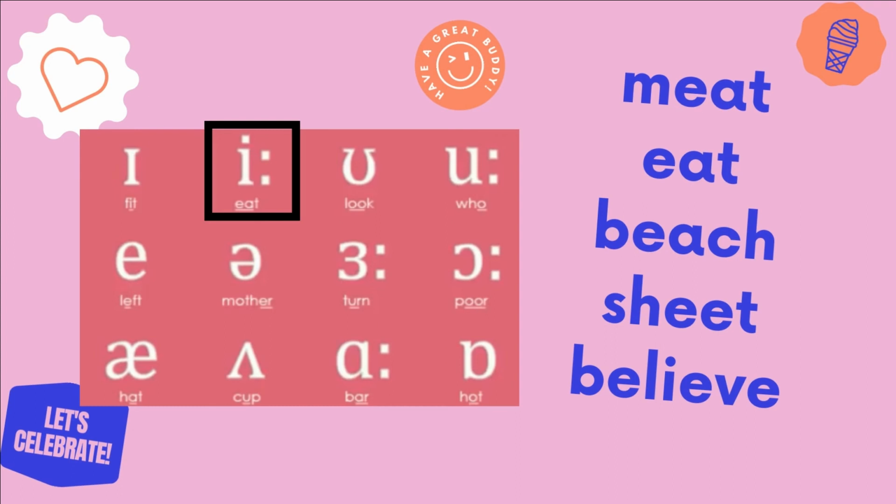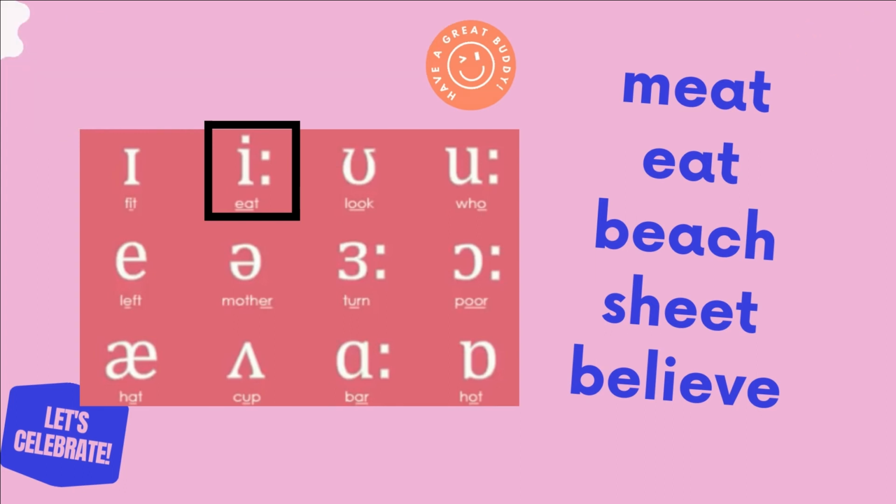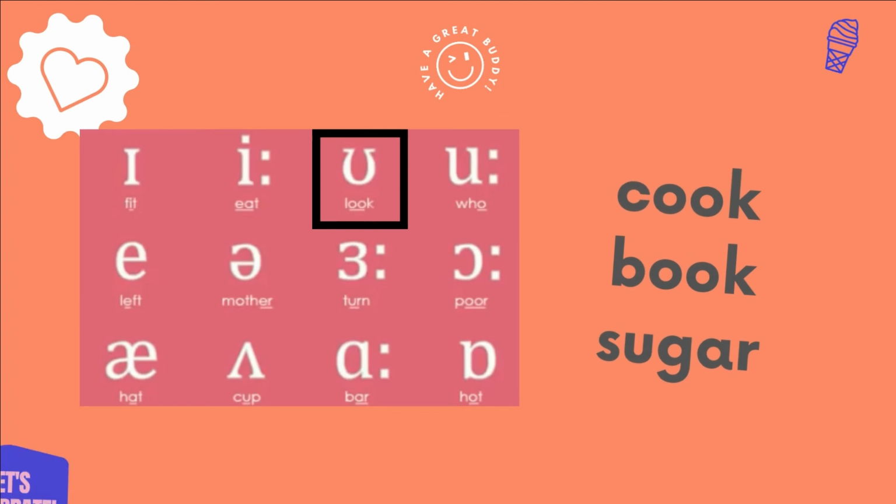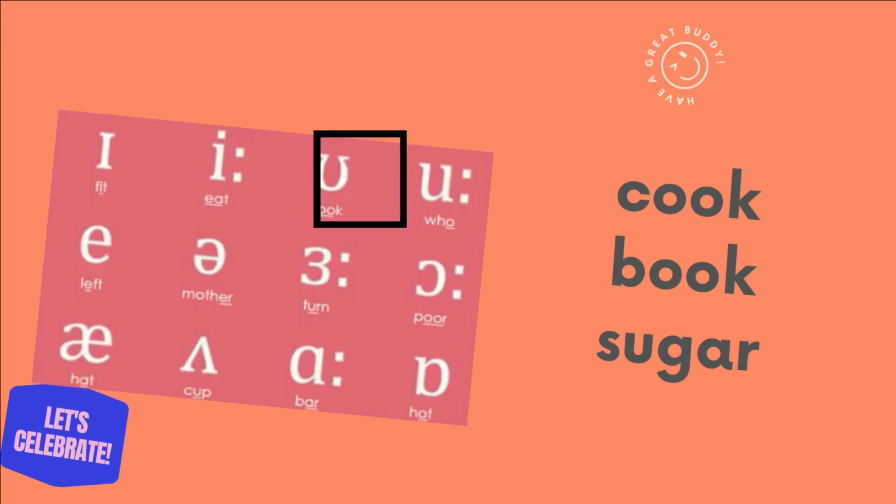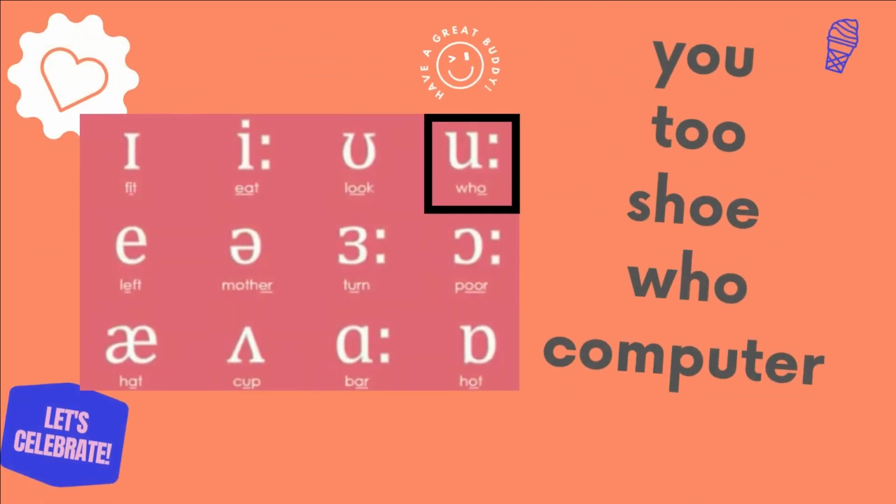Next, we have the short U vowel sound. You'll hear that in words like book, cook, sugar. And then we have the longer U sound. You will hear this sound in words like you, chew, shoe, who, computer.